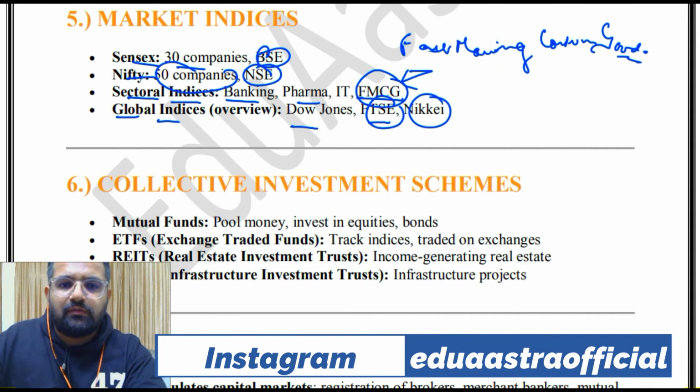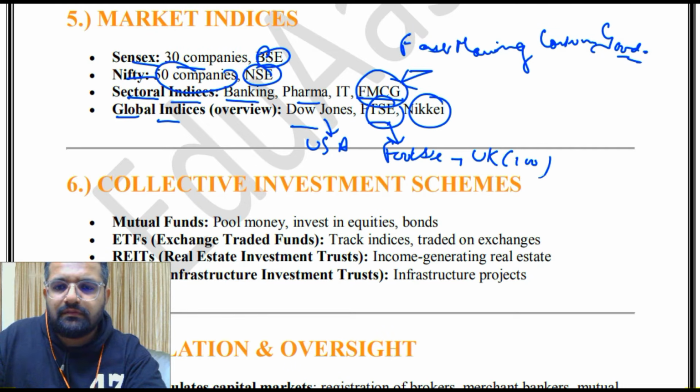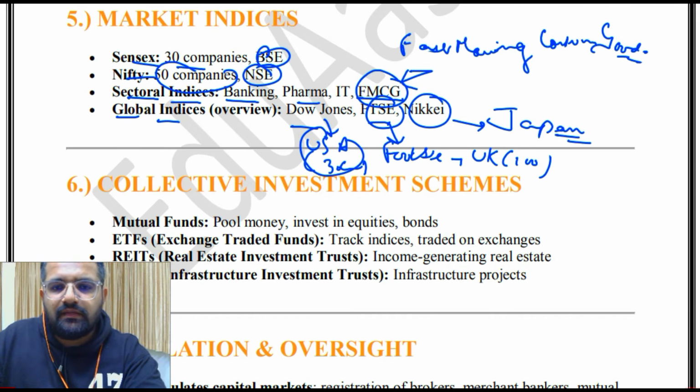So these are global indices. Dow Jones is of USA. Then FTSE, UK, 100 companies. In USA, Dow Jones, 30 companies. And Nikkei is Japanese. Very, very important. Keep this in mind.